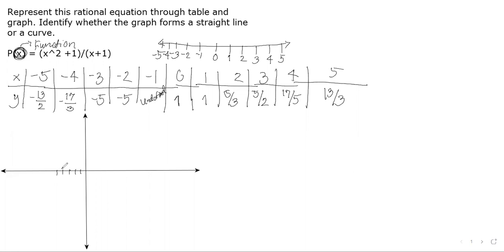So, ano niya is negative 13 halves, and 13 halves is 6.5. Negative 6.5. So, negative, third quadrant, di ba? So, this is positive, negative, negative, positive, negative. Ayan yan.